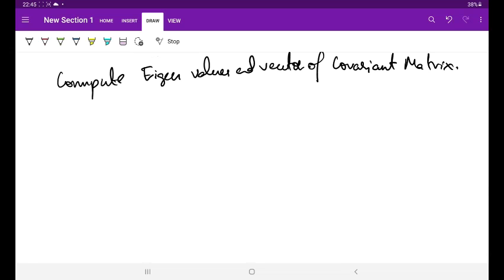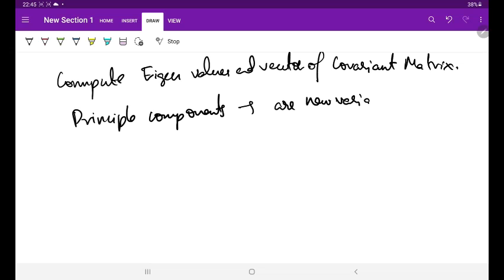The principal components are new variables that are constructed as linear combinations or mixtures of the initial variables.